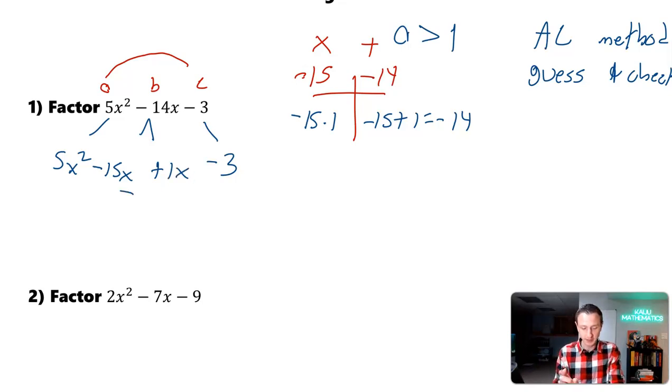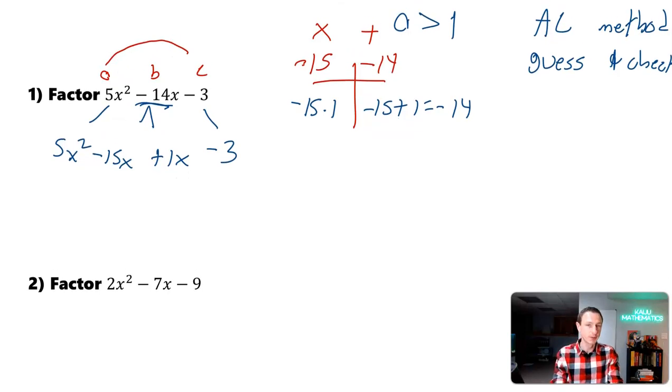I'm putting x here because negative 15x plus 1x is negative 14x. What I'm doing is just breaking the 14 up into two numbers so I can now factor by grouping. So I'm rewriting that middle term as a sum of two other numbers, and that allows us to factor by grouping. Sometimes the AC method is called the factor by grouping method.